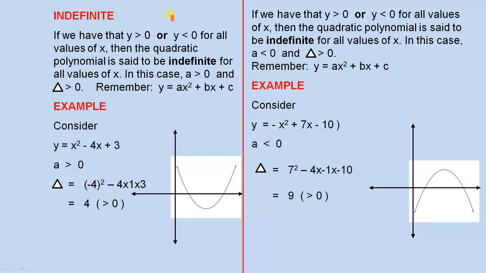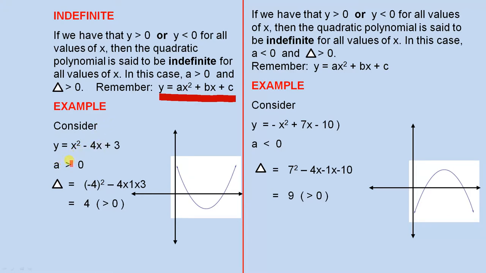Indefinite. If we have that y is greater than 0 or y is less than 0 for all values of x, then the quadratic polynomial is said to be indefinite for all values of x. In this case, a is greater than 0, and the discriminant is also greater than 0. Here's our general form. Consider this specific example here.